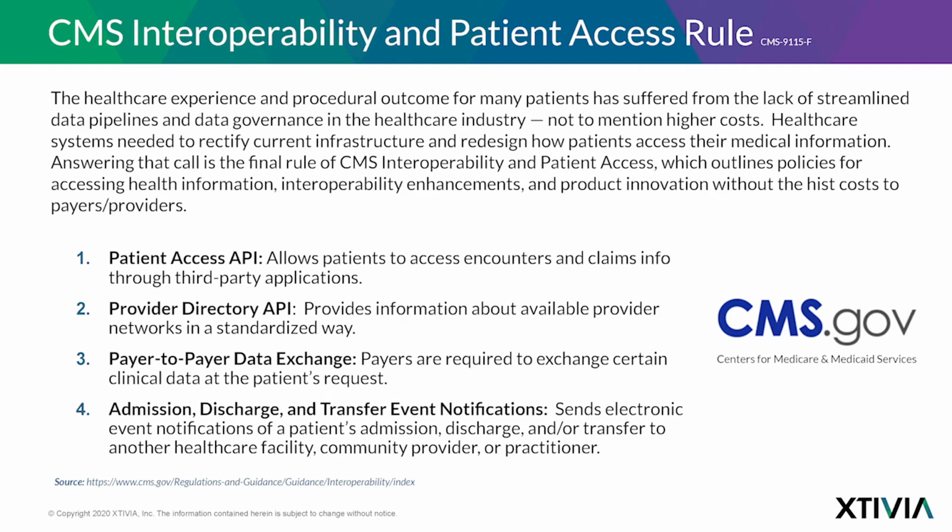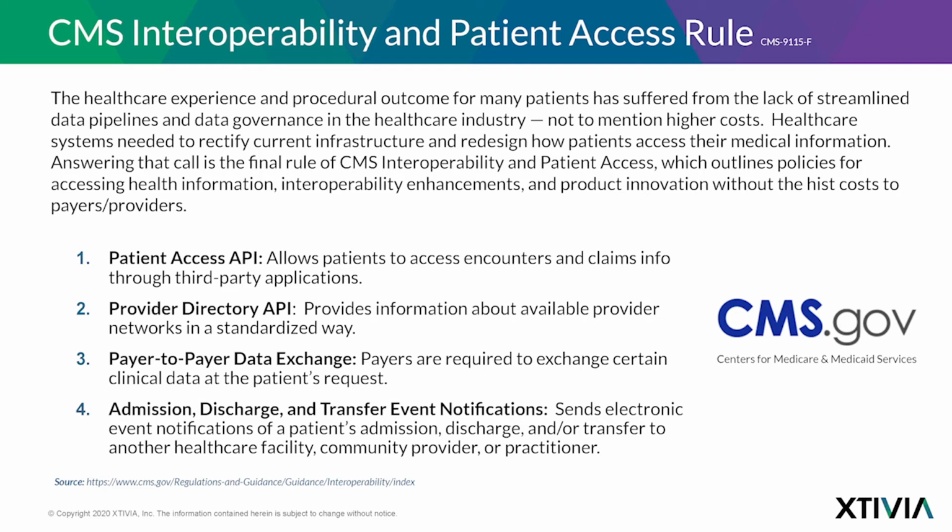First, the patient access API. It allows patients to access encounters and claims info through third-party applications, and we'll see how it's done later on. Second, provider directory APIs, which provide information about available provider networks in a very standardized way.